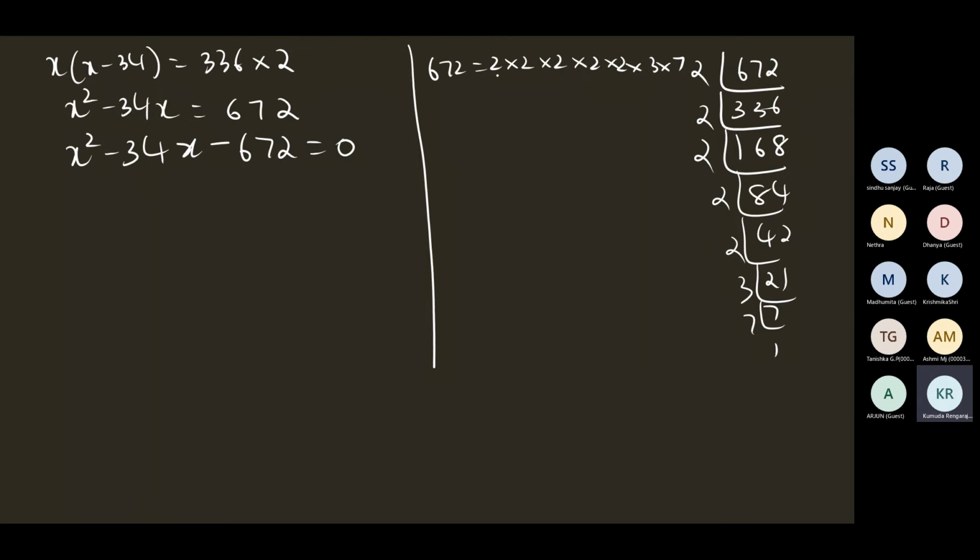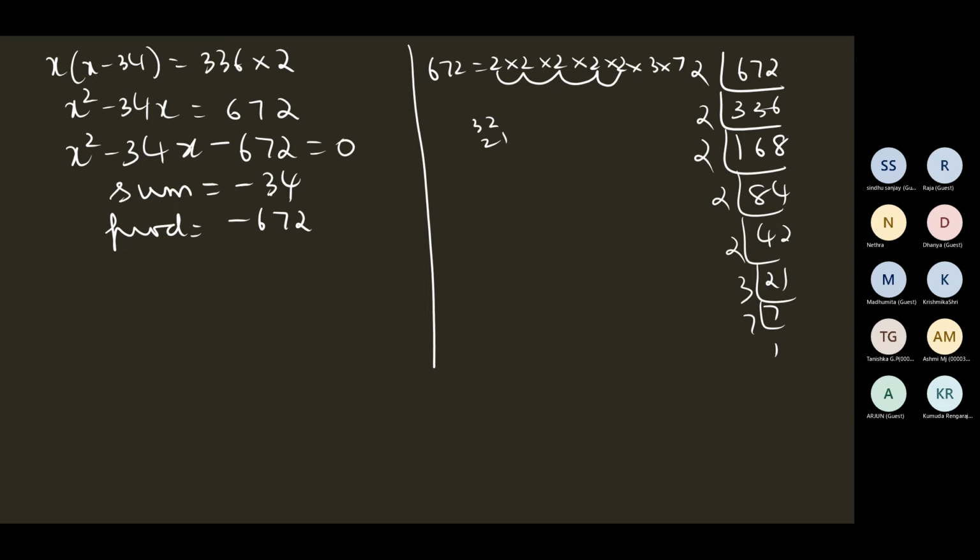For example, 2 twos are 4, 4 twos are 8, 8 twos are 16, 16 twos are 32. And suppose say 32 and 21, you will not get the sum 34. So then say 21 into 2 is 42, 42 and 16, no. So like this, make combinations. I want the answer from you.